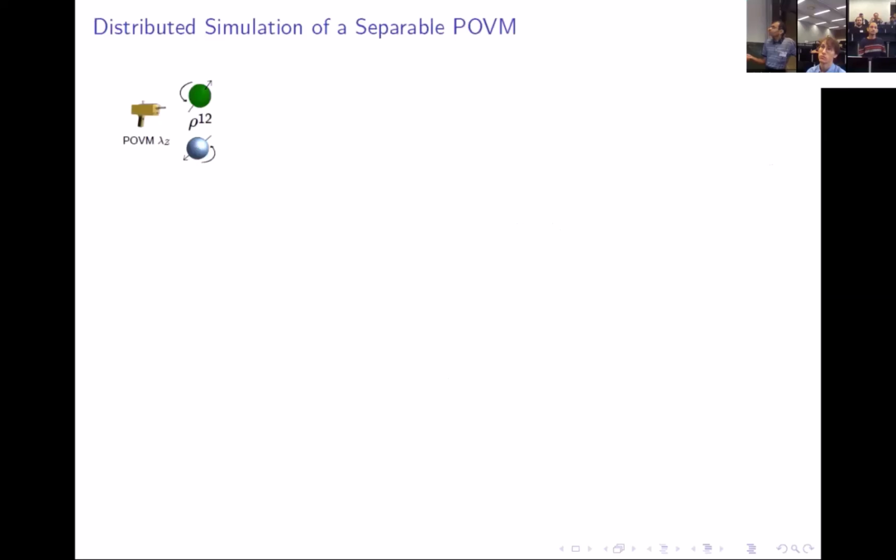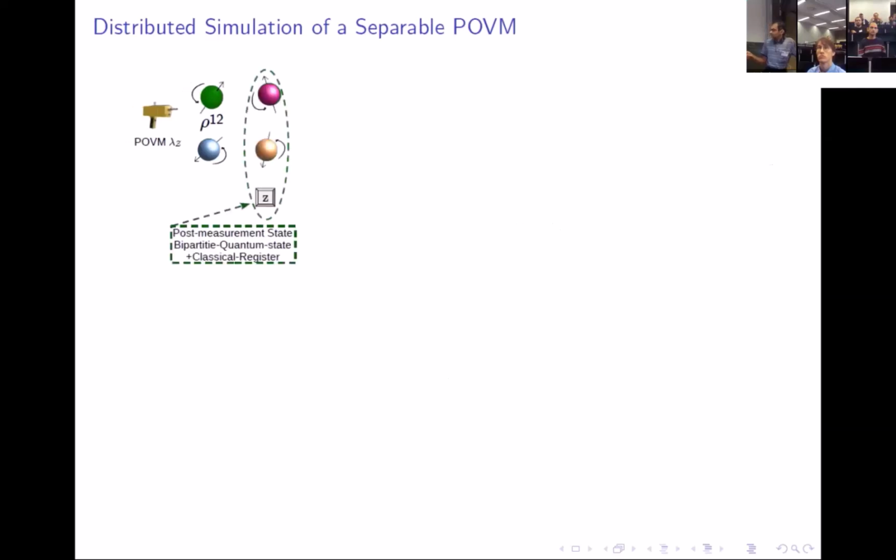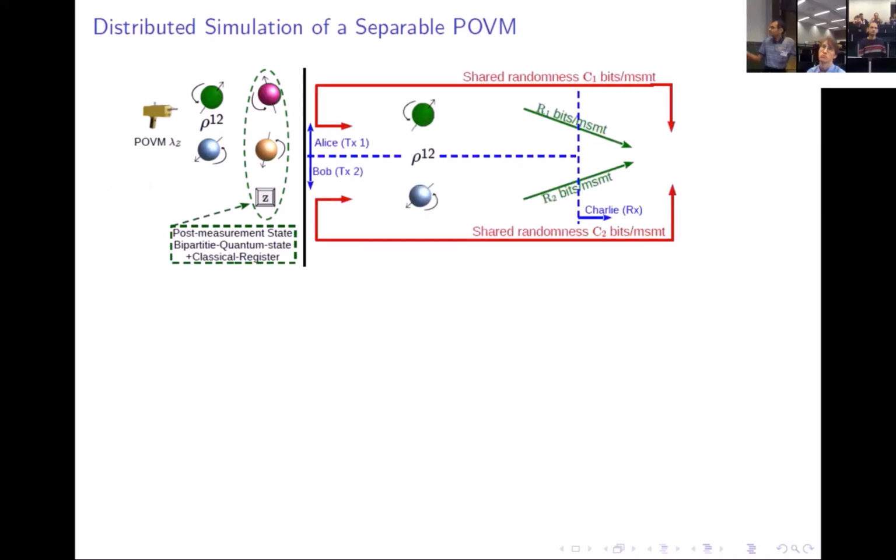So I will push this into the bipartite distributed state. This is my post measurement state coming out of the original POVM. I will try to simulate this via common randomness and rates. I'll give two common randomness links, C1 and C2, between the encoders and the decoder.